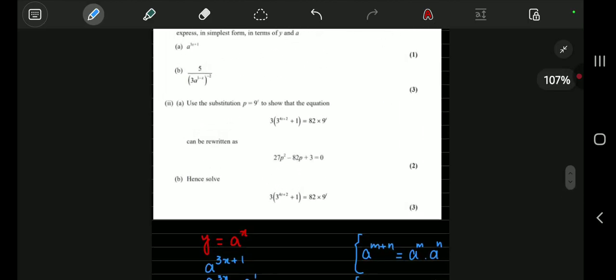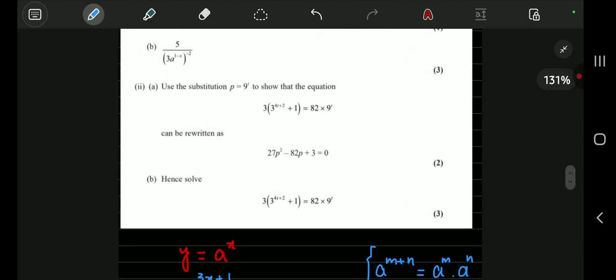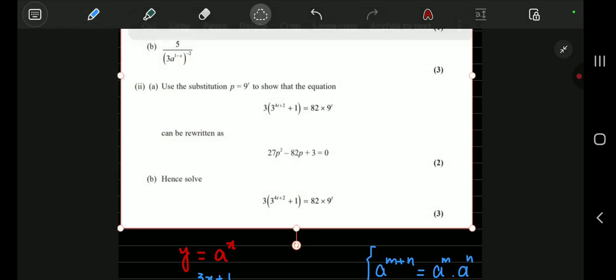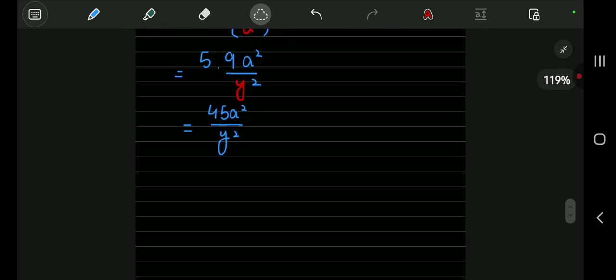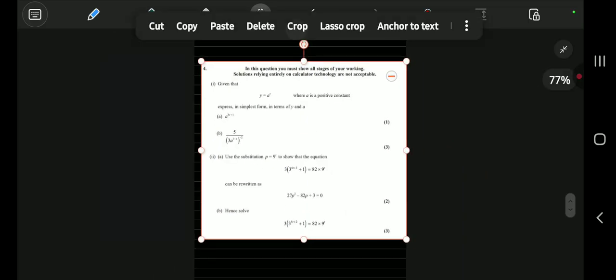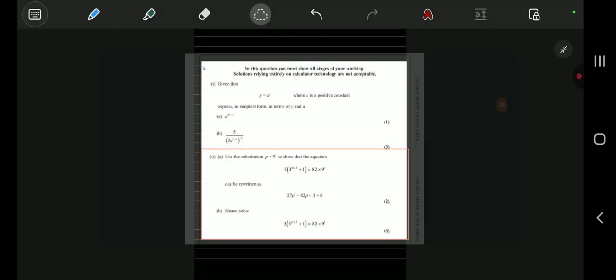Now get back to the question. The question says, use the substitution p equals 9 to the power t to show that the equation, rather than writing this, let's paste it here.